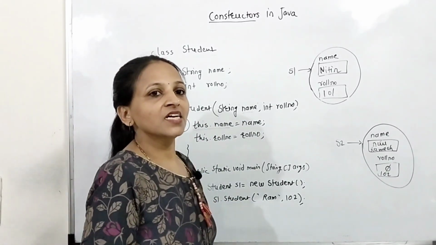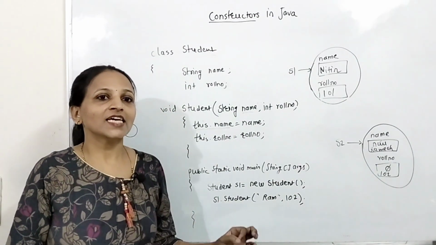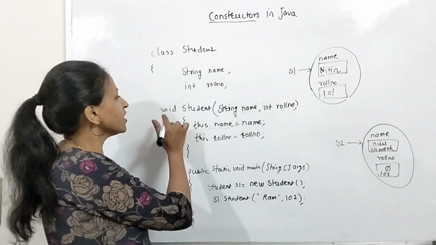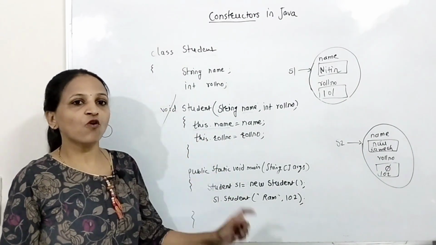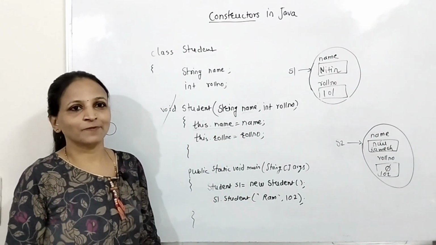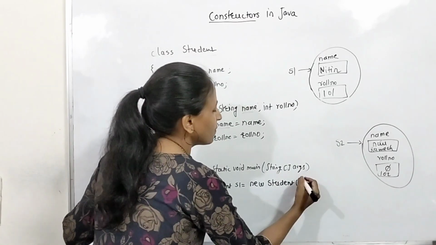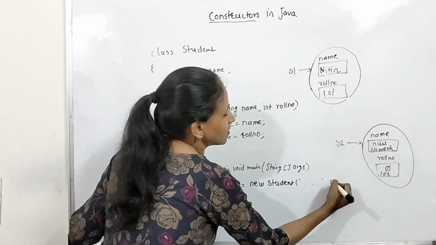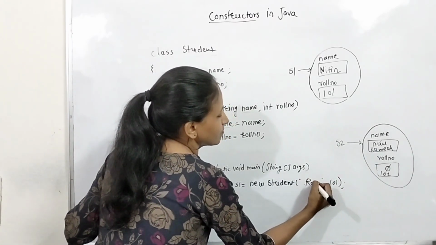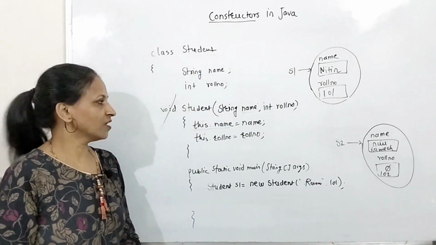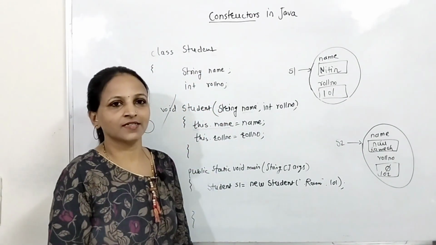Always keep in mind, a constructor does not take any return type, not even void. This is wrong if you want this to be a constructor. Now you can call this constructor by passing arguments here. Now it's okay, this is a constructor.